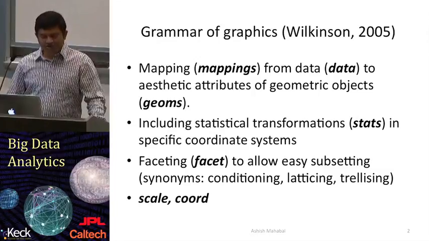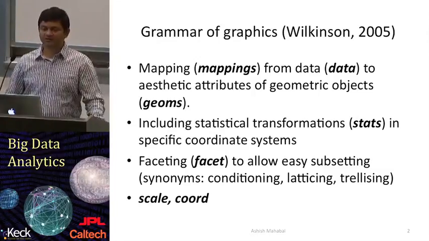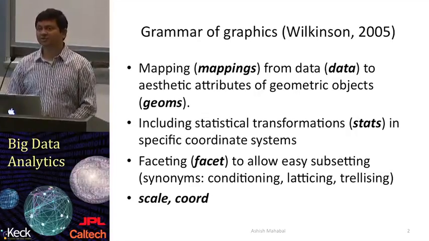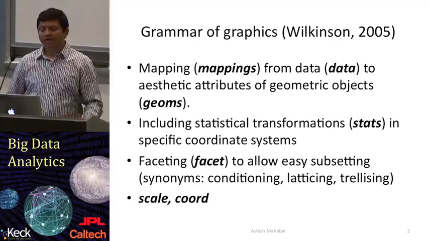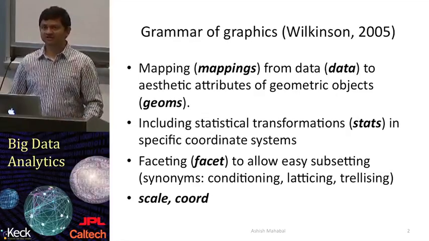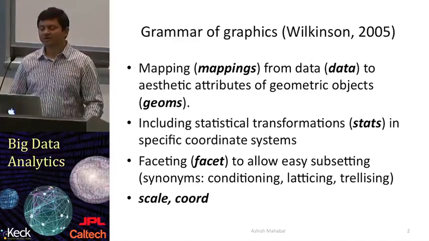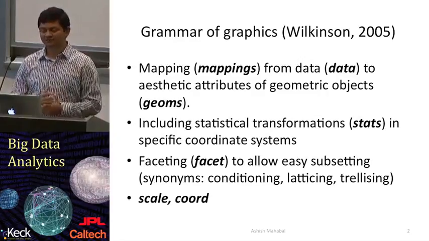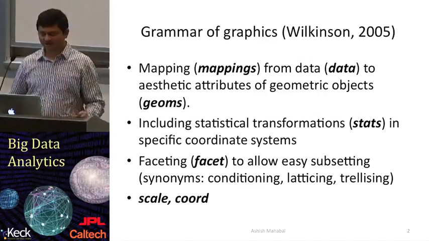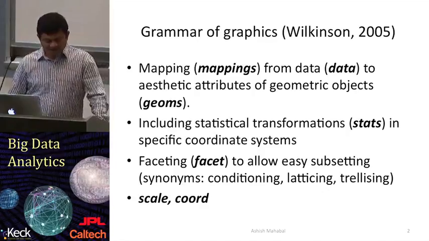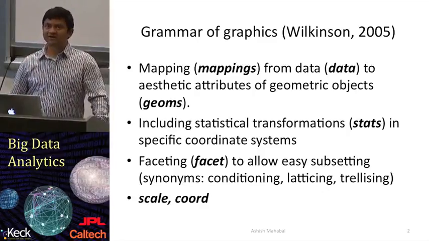And then additionally, you include some statistical transformation. And the statistical transformation, again, could be something like a smoothing or binning, etc. Most geoms have a default associated stat with them. Similarly, most stats have a default associated geom with them. But you can do a mix and match with different sets of those, and we'll see a partial list of each of them later. Another interesting aspect is that you can do faceting on these data.